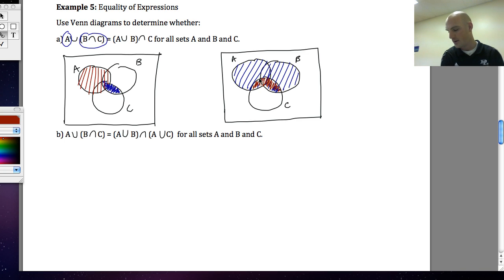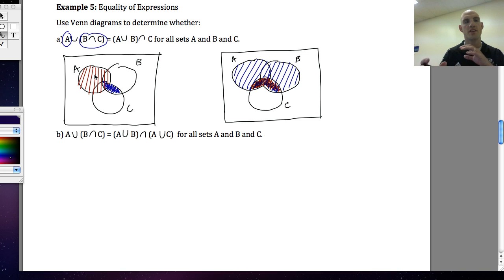So what part am I talking about here? The part that I'm talking about here is just this part with the red and the blue in it. The part that I'm talking about here is everything.